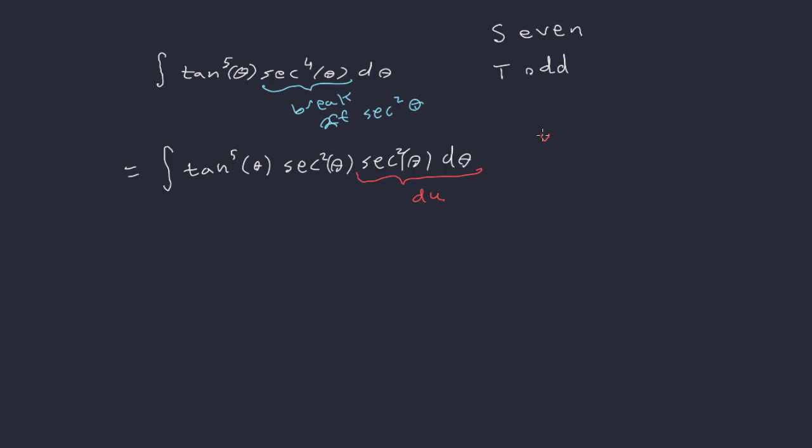So here, we want our u to be tangent of theta. And that would make our du secant squared theta d theta. Now, in this case, very similar to what we were doing in the past, we need this thing completely in terms of tangent. So we need to transfer this to a tangent, right? And we do that with a Pythagorean identity.